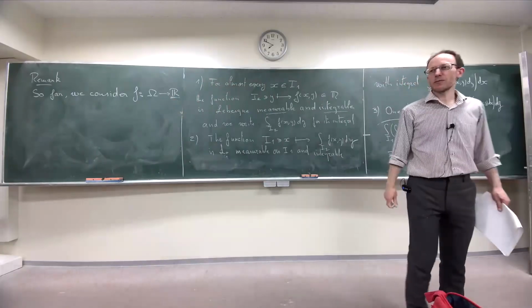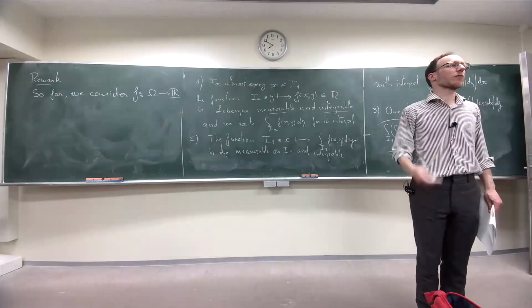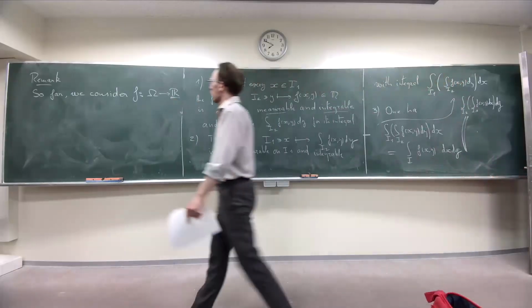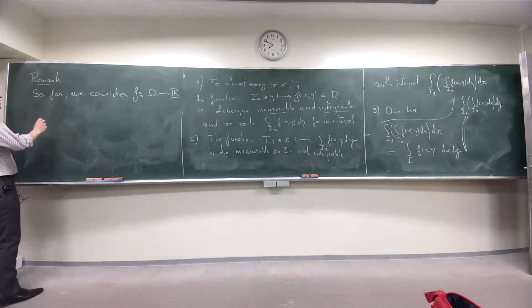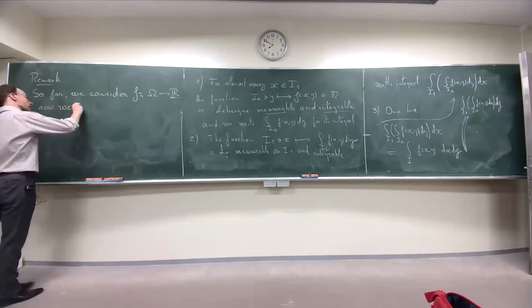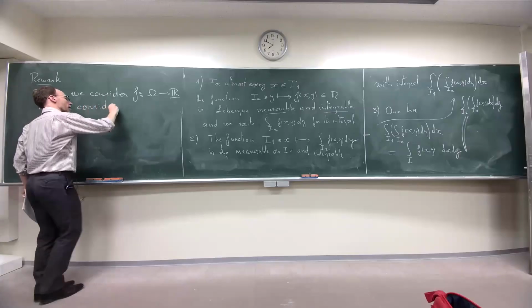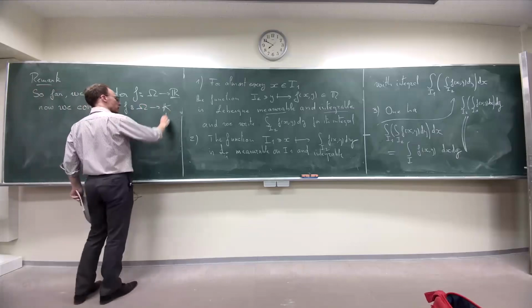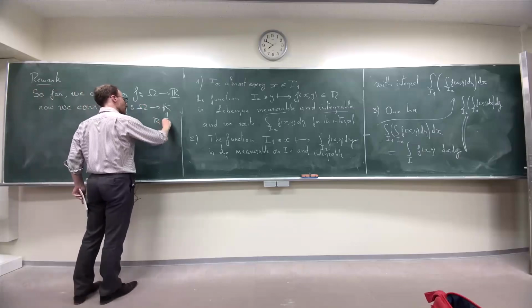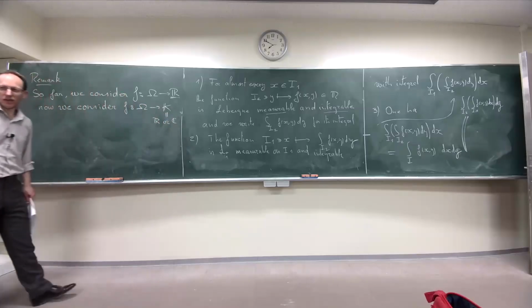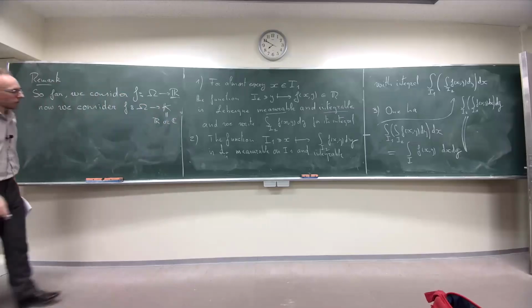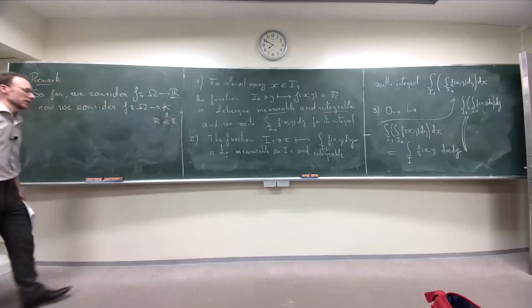But for what I'm going to say, there is no problem considering complex valued functions. So let's go to a more general framework. Now we consider f from omega to K, which, I remind you, is R or C.